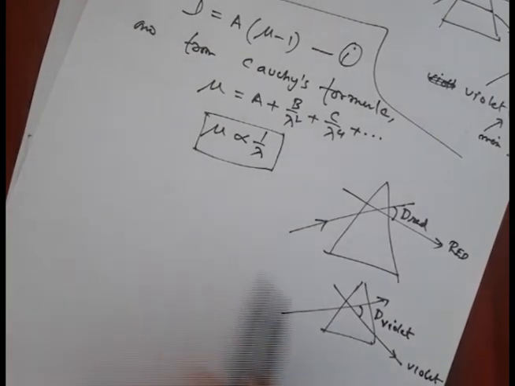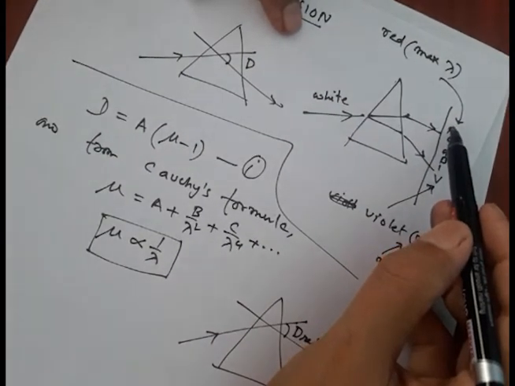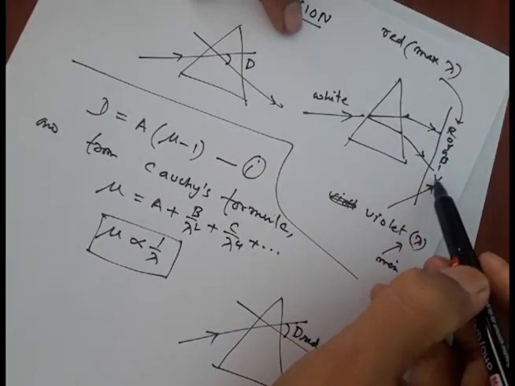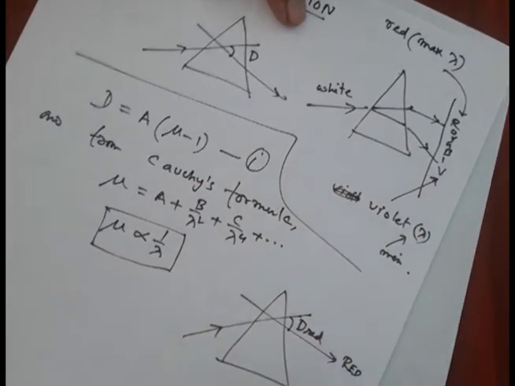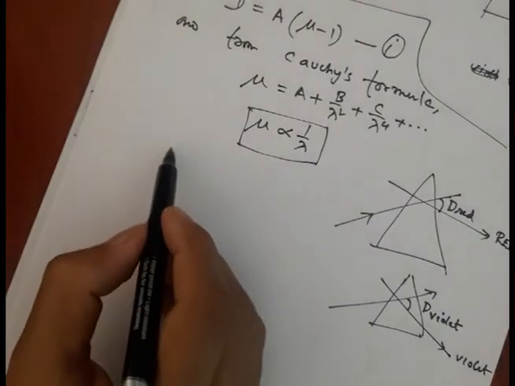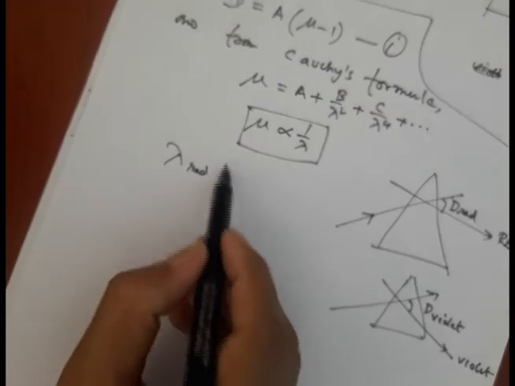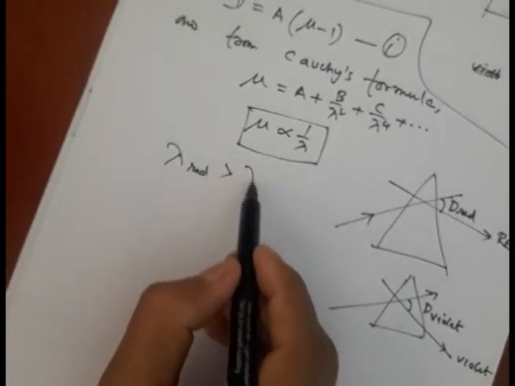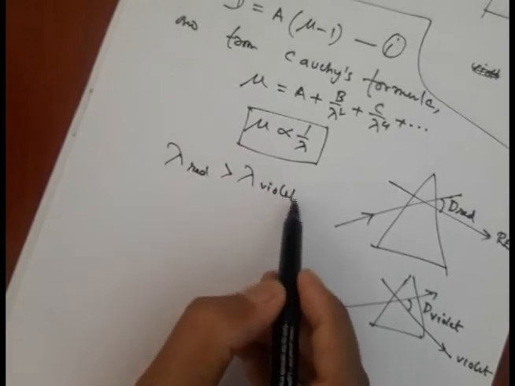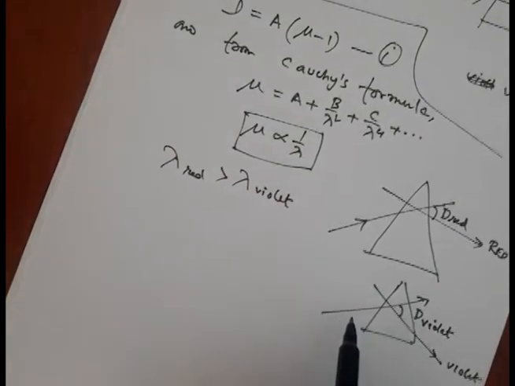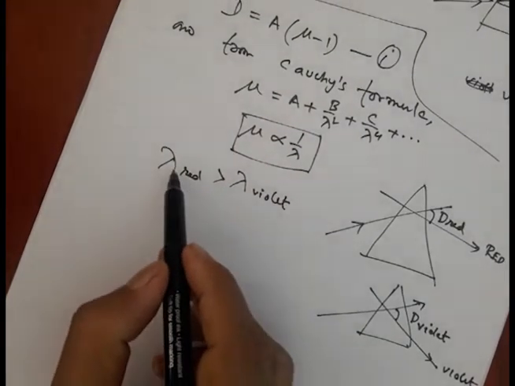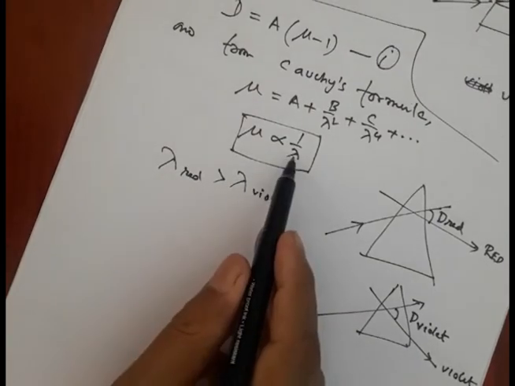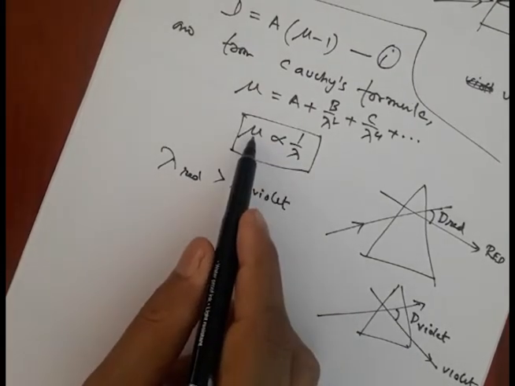Now compare the wavelengths. We know that red has the maximum wavelength and violet has the minimum wavelength. So lambda for red is greater than lambda for violet. Larger or longer wavelength means the refractive index is less.